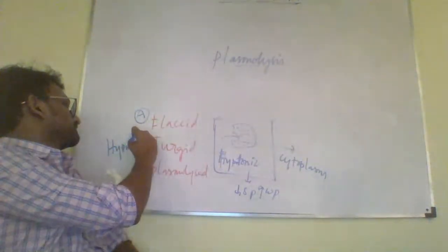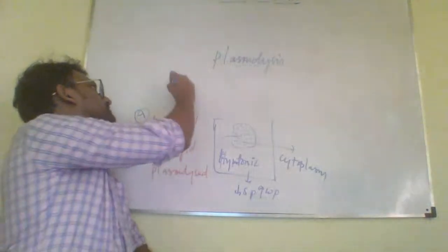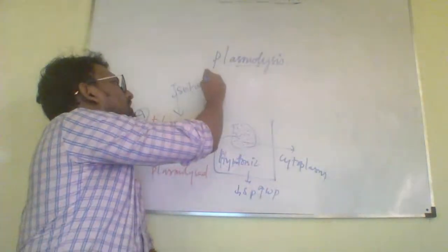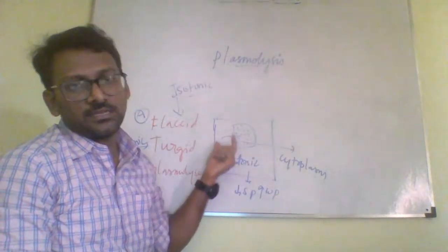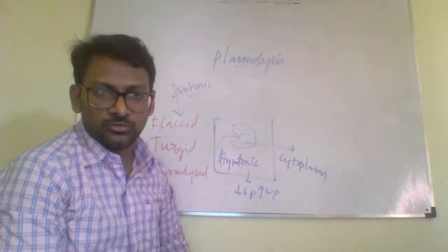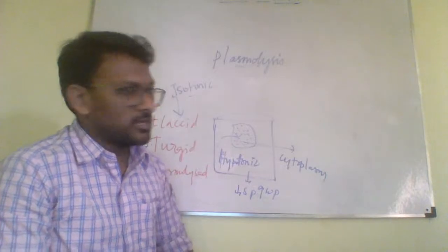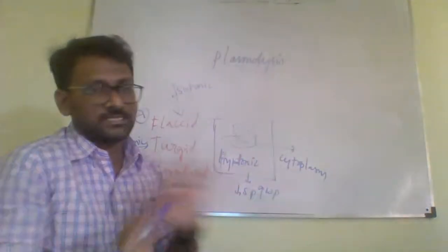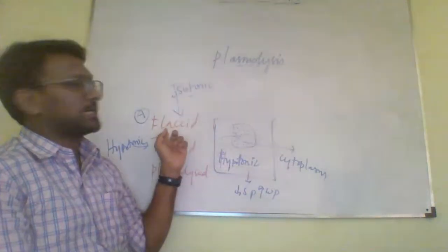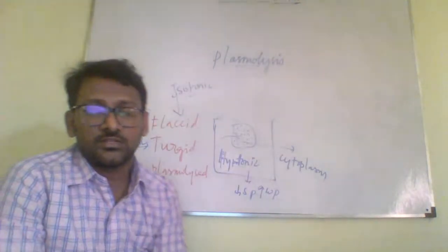That is hypotonic. And this is isotonic. Isotonic means the concentration and pressure gradients of the cell and the external solution are in equilibrium, so there won't be any transfer of water. It remains just like that, so it attains the flaccid kind of structure.